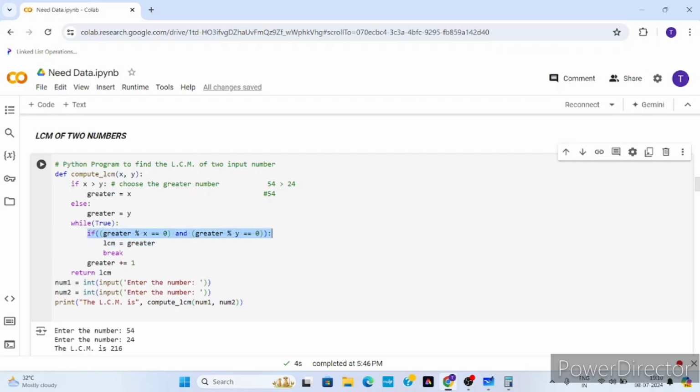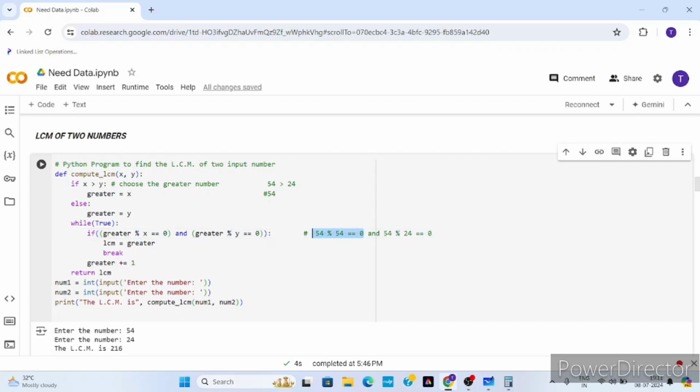So now we want to check this condition. Up to now the value of greater is 54, right? And the condition is greater mod x equal to 0 and greater mod y equal to 0, that is 54 mod 54 equal to 0 and 54 mod 24 equal to 0. So let's check. 54 mod 54 is equal to 0.